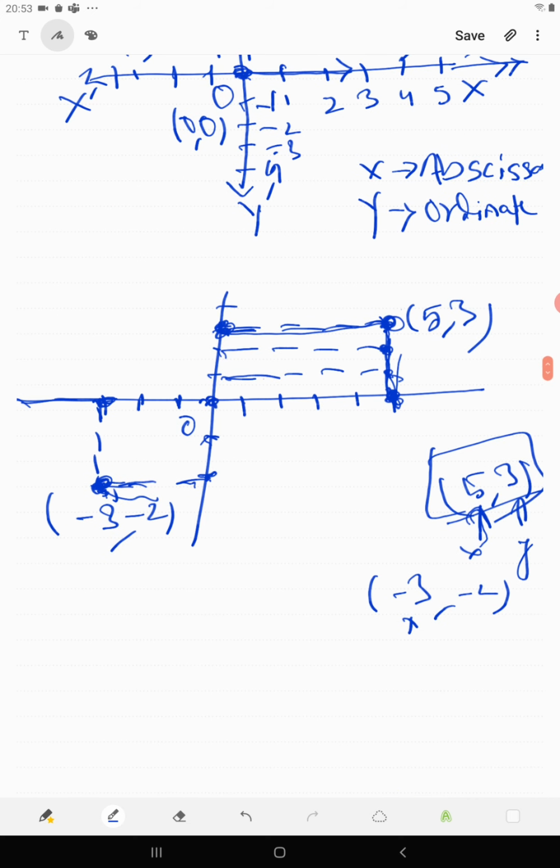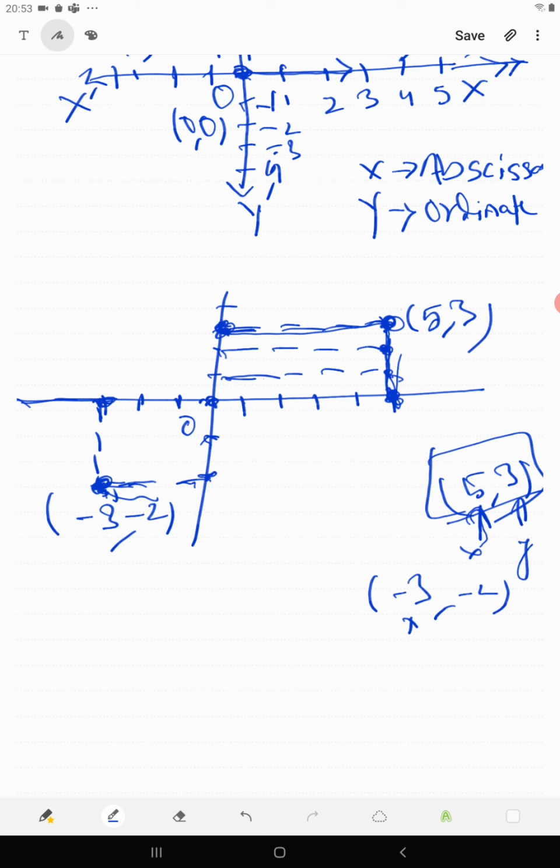So this is how we can represent points in our two-dimensional coordinate geometry. This is very important. If you are able to put the point, then you can draw the line segment from the given points, and it will be easier for you to find the solution, the graphical solution also.